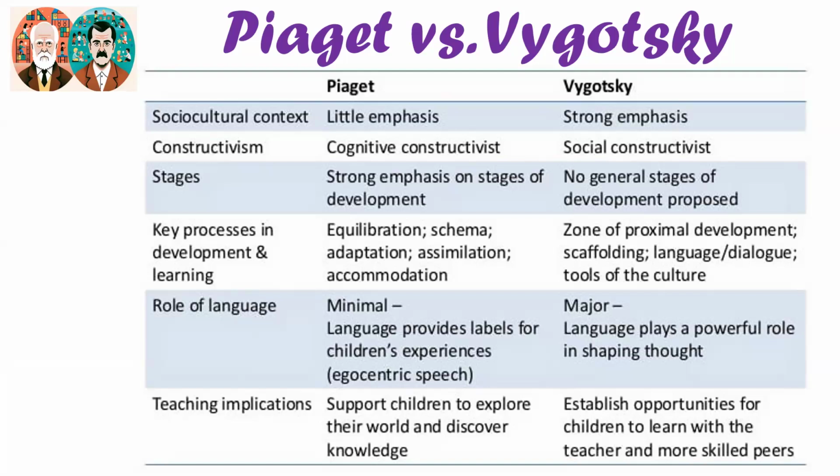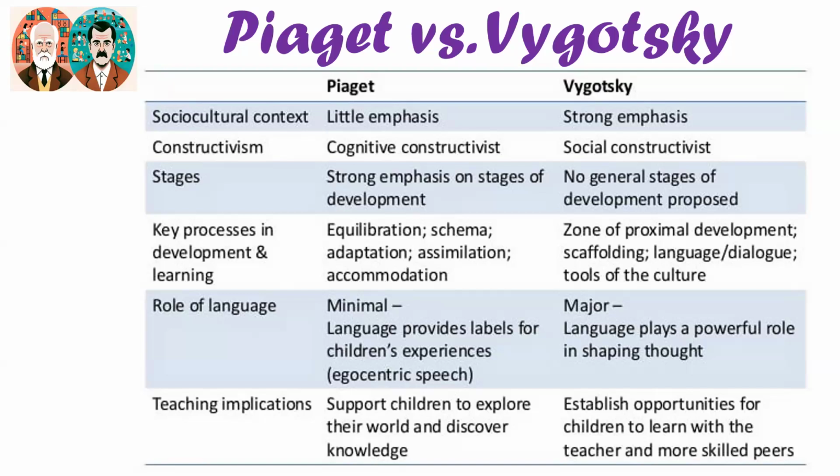And when you talk about Piaget, his theory is based on cognitive constructivism, but Vygotsky's concept is on social constructivism. Piaget focused on the stages, and in Vygotsky we don't have any stages. Piaget says that the key processes of development and learning are equilibration, schema, adaptation, assimilation, and accommodation.